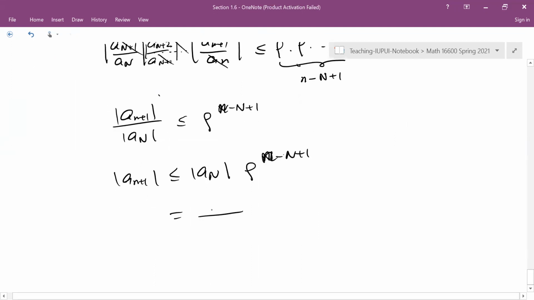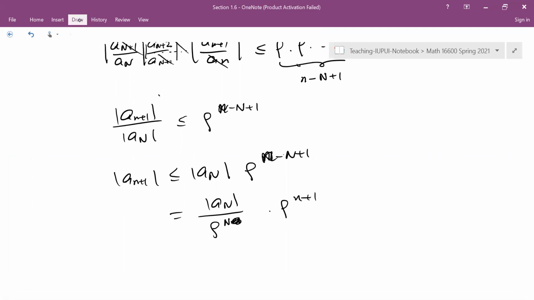So I can simply write rho to the n minus capital N plus 1, and put it in here, and that's rho to the capital N minus 1 times rho to the n's power. I can put this one here, and that's only capital N. So that is true for n greater than capital N.